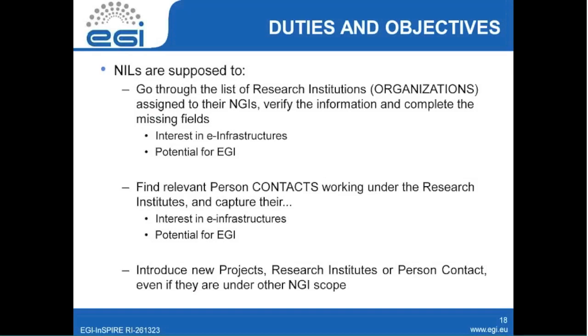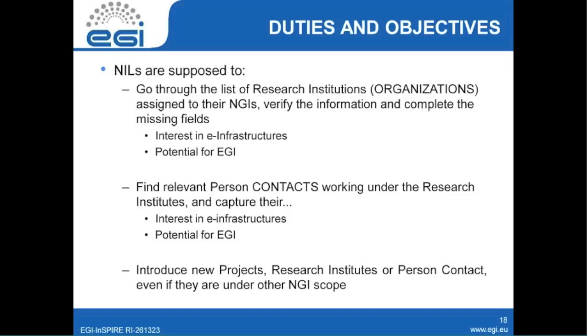Completing the missing information means trying to capture the needs of these research institutes: what is their interest in the infrastructures, and what could be the potential of these research institutes for EGI.